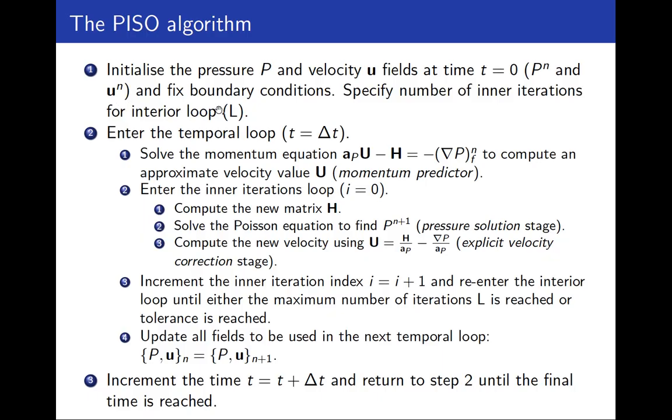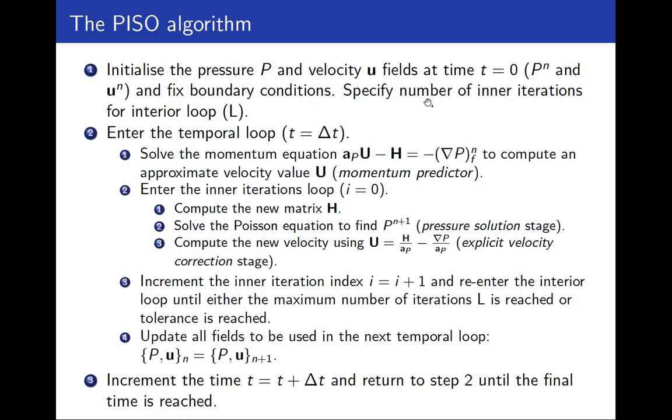And then you will have to fix your boundary conditions. So for instance, if you are solving a channel flow problem, you have two walls, and let's say you want to have non-slip boundary conditions. So that means you will impose 0 values of the velocity at the walls or at your boundaries.